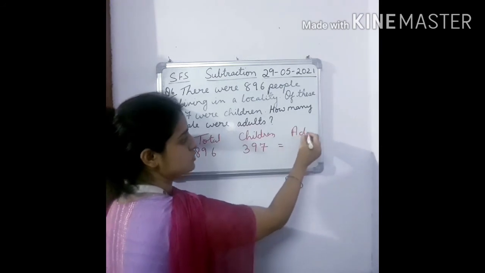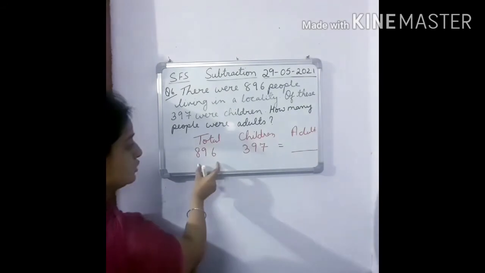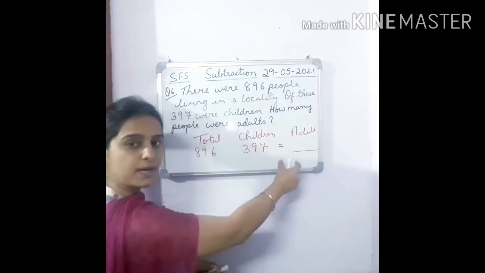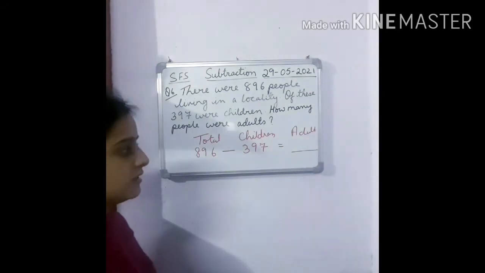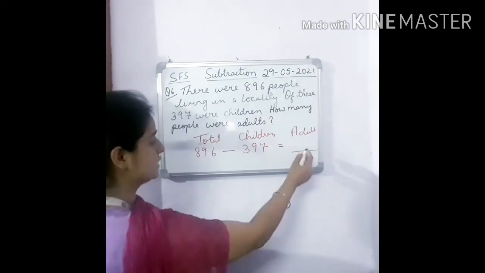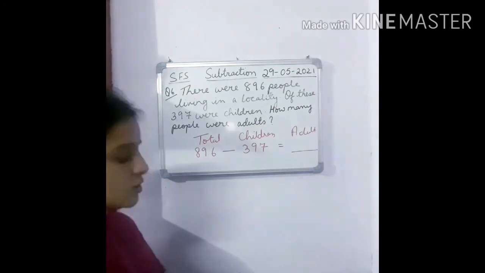So we are supposed to find how many people were adults. Now children, when the total is given and one part is given, you are going to find the other part, children. What do we do? Simply subtraction, right? So after subtracting, whatever answer you get, children, that is your number of adults in the society.